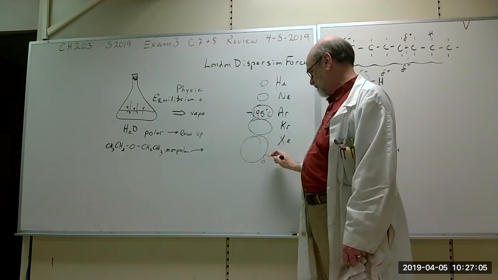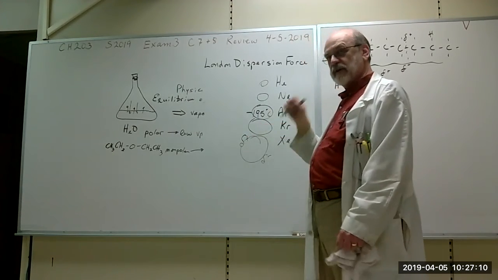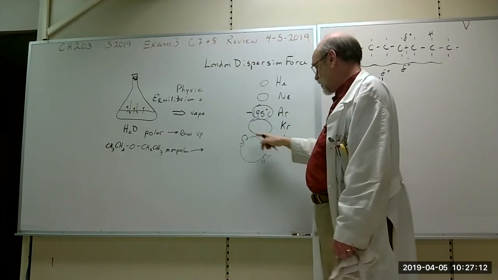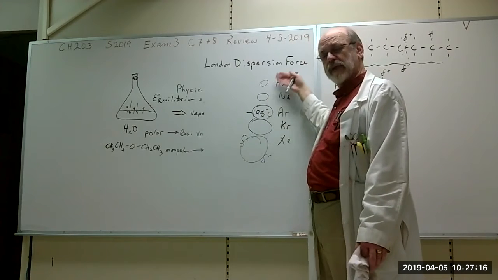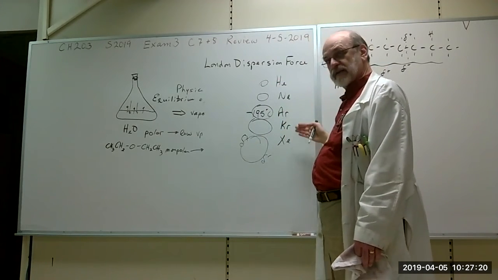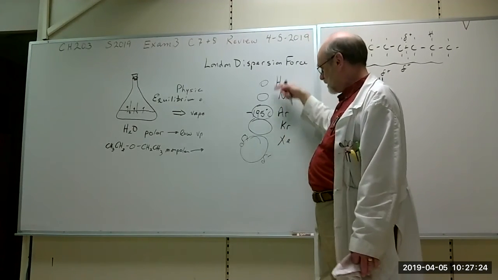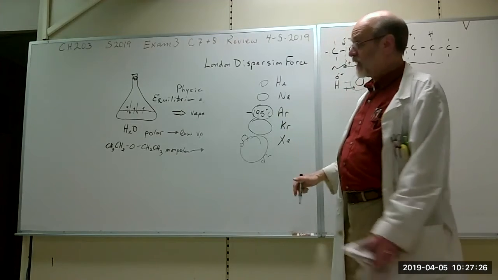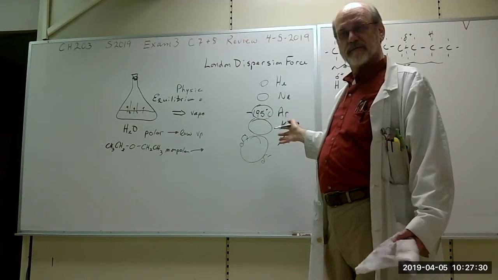Less room here. So you're more likely to get London dispersion forces more frequently for this one than you are for that one, that one, that one. So the attractive forces are stronger as the atom gets bigger. So that explains why you even have a boiling point for these, right?